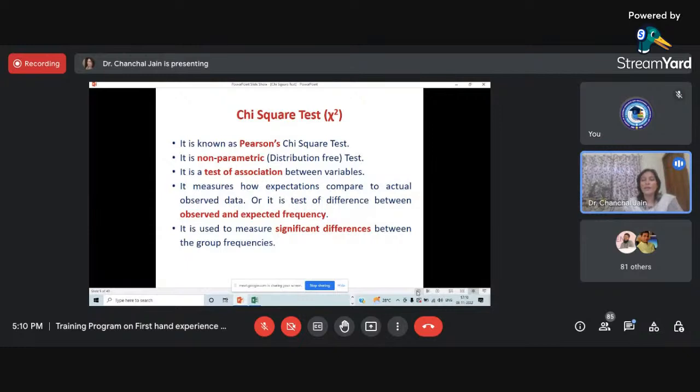Say, for example, if we have only numbers, that means we have only frequencies. In that case also we can go for the non-parametric test, and for frequencies the appropriate test is the chi-square test. So it is used to measure significant difference between the observed and the expected frequencies.